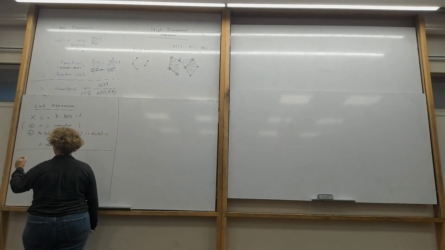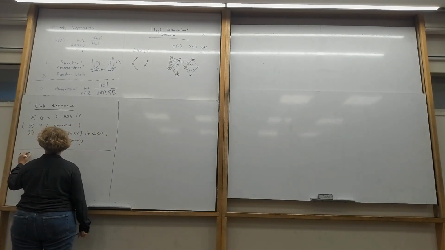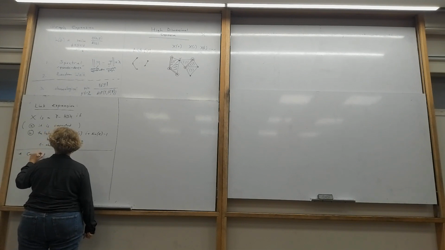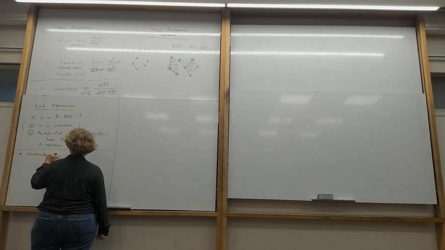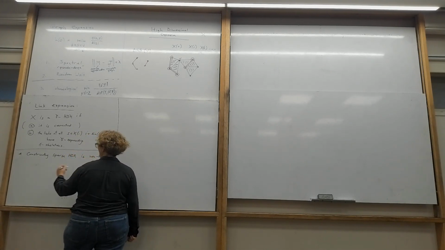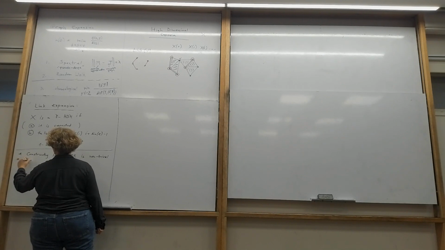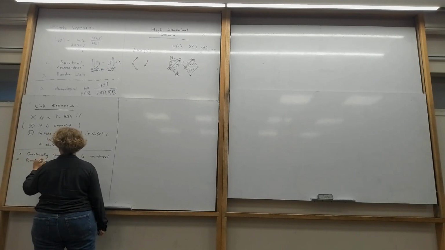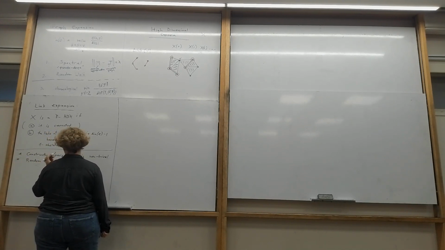So we saw that constructing sparse HDX is non-trivial. We also saw that the random model doesn't work.